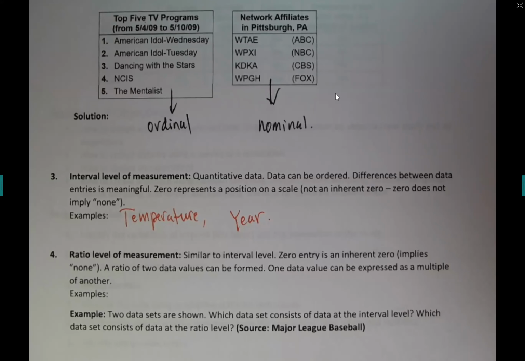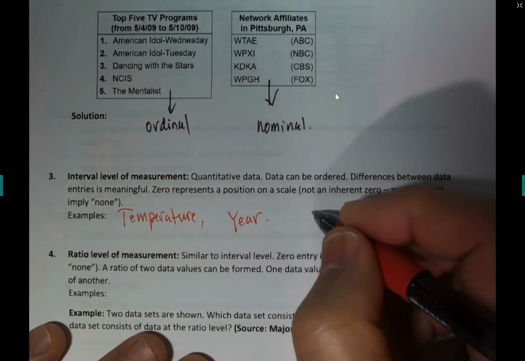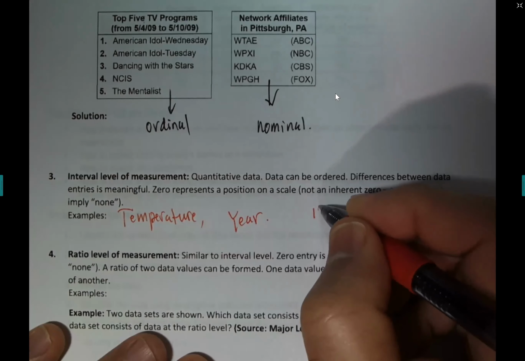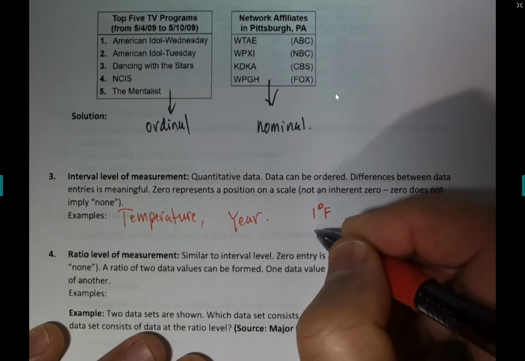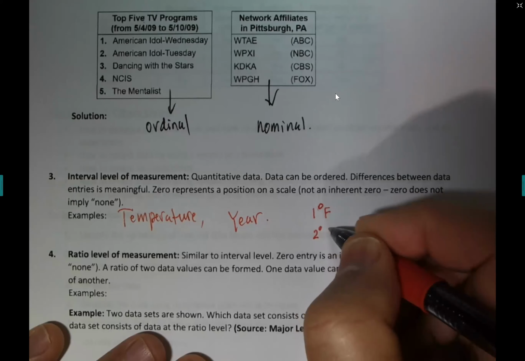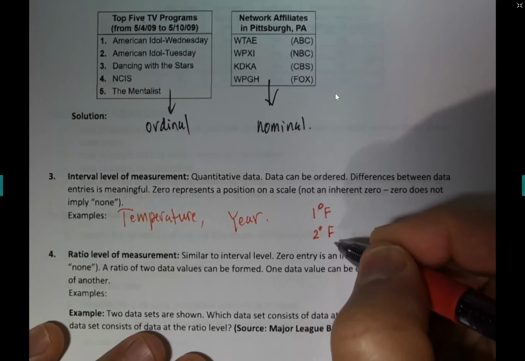One thing you need to know about the interval level, guys, you cannot say that one quantity is twice the other quantity or 3 times the other quantity. I'm going to give you an example. Let's say in the winter time, it's 1 degree Fahrenheit in Dearborn, and it is 2 degrees Fahrenheit in Livonia.